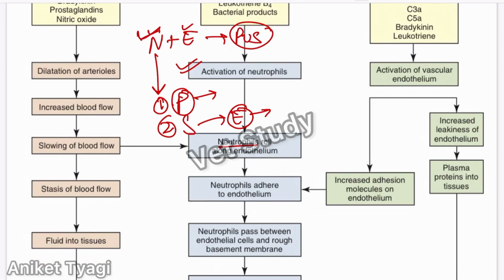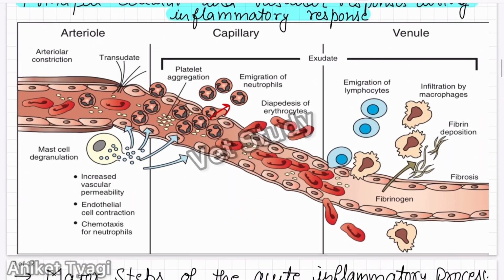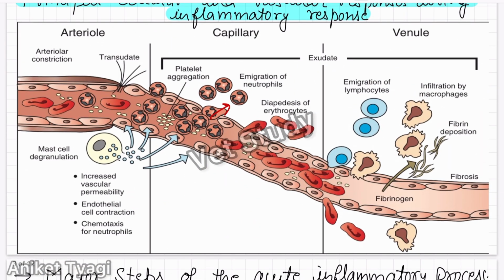Now let's discuss how these neutrophils come out, right? Neutrophils or other leukocytes will leave the capillary or venule and migrate into the tissue exudate. How do they migrate?